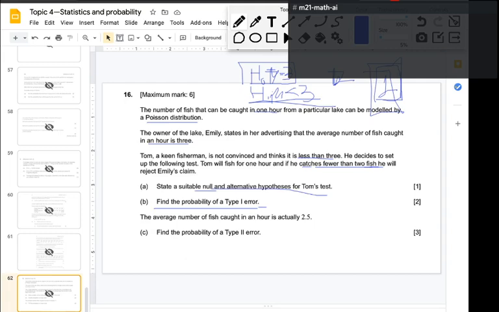That would give you, it's probably the probability of rejecting it when it's true. And the answer would be 0.199.